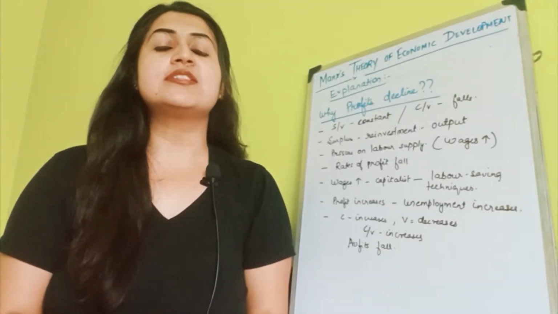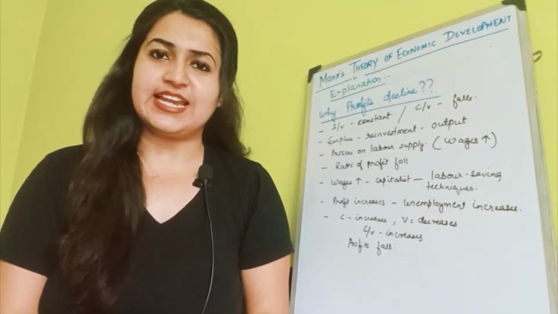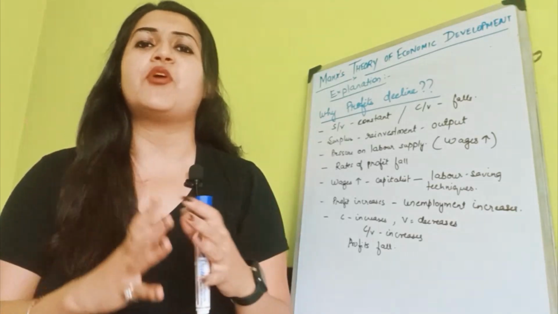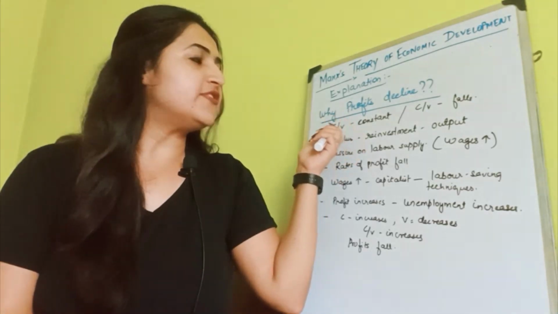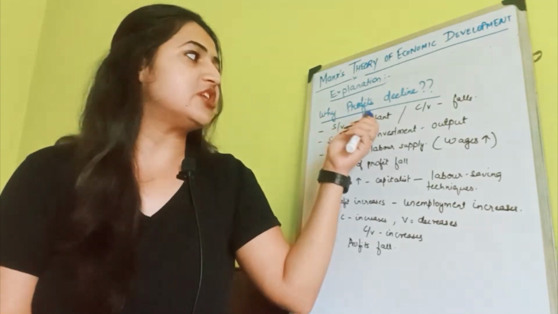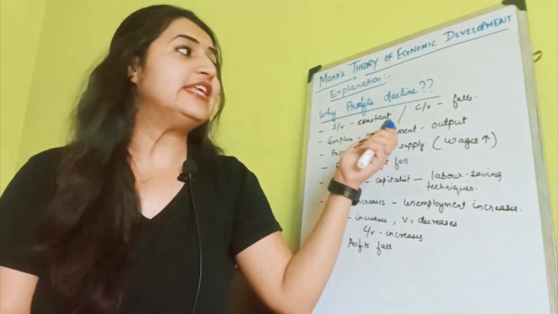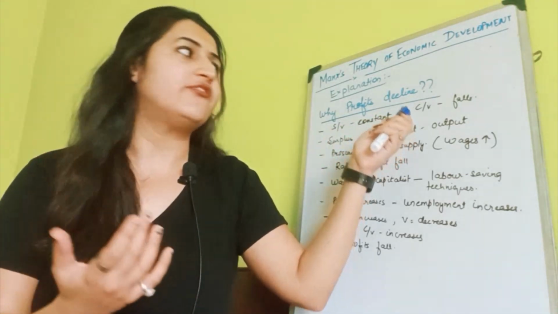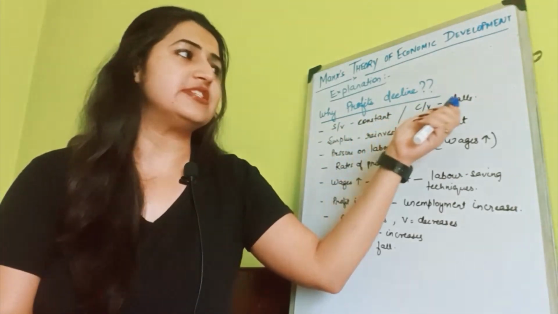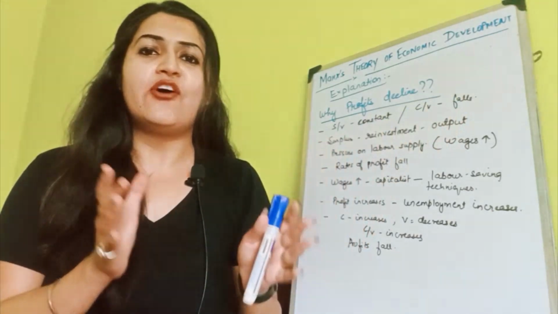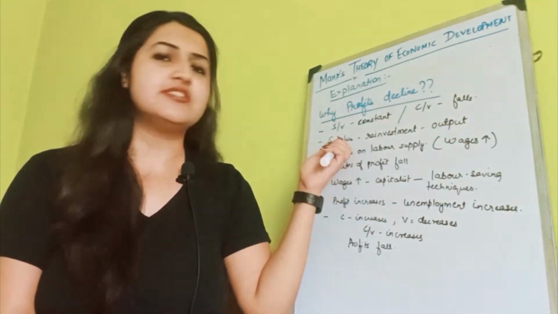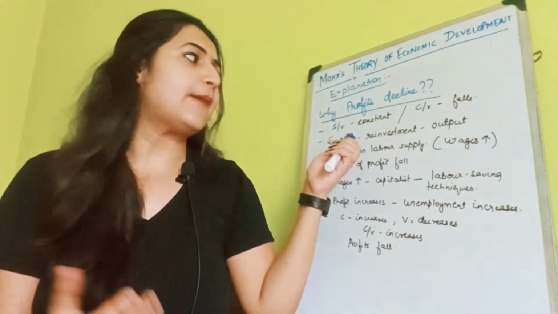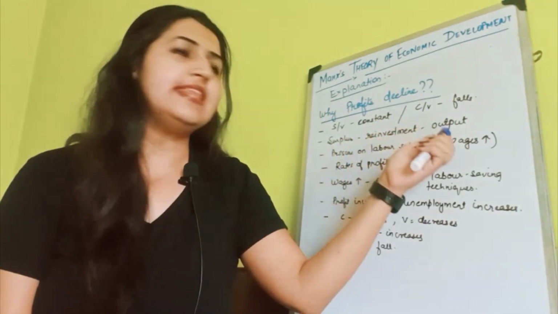According to Karl Marx, in the long run, profits tend to decline. So let us find out the reason why the profits tend to decline. So the exploitation rate, which is the ratio of surplus value to variable capital, remains constant. However, the organic composition, which is the ratio of constant capital to variable capital, falls. So as a result of which, the rate of profit increases, which leads to a situation of surplus, and it induces the capitalist to reinvest in the output.